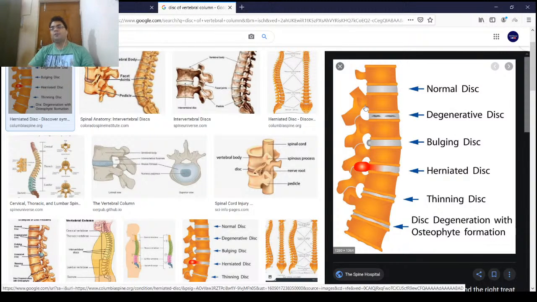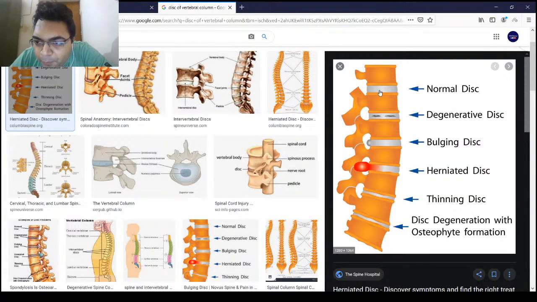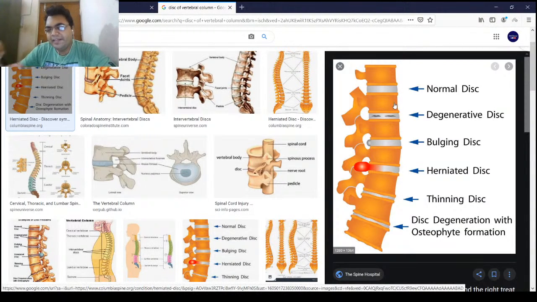Okay. So what happens is, when you look at a disc, you can see this is the normal disc. If you have too much postural defect, you will have a degenerative disc, means the outer part will start cracking, or it is getting too much compressed. Bulging means the inside matrix is putting a lot of pressure on the covering of the cartilage, so the bulge has occurred.